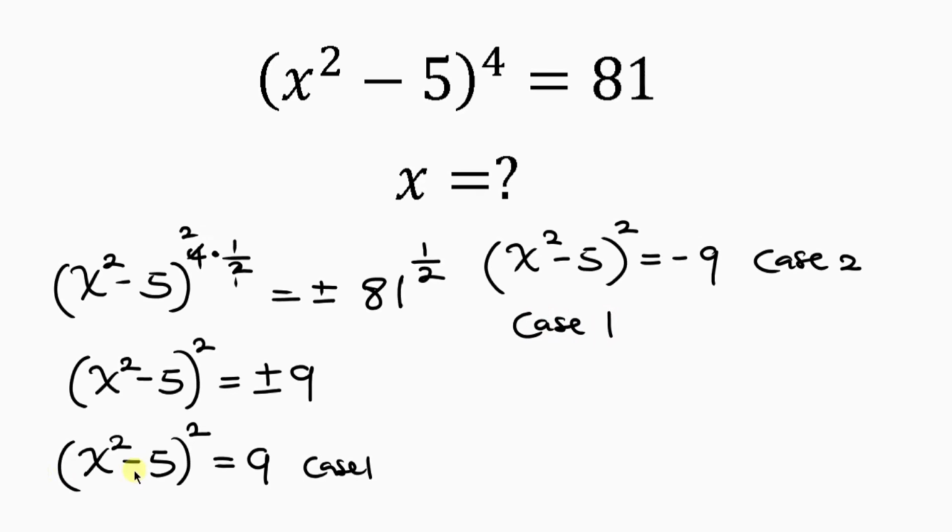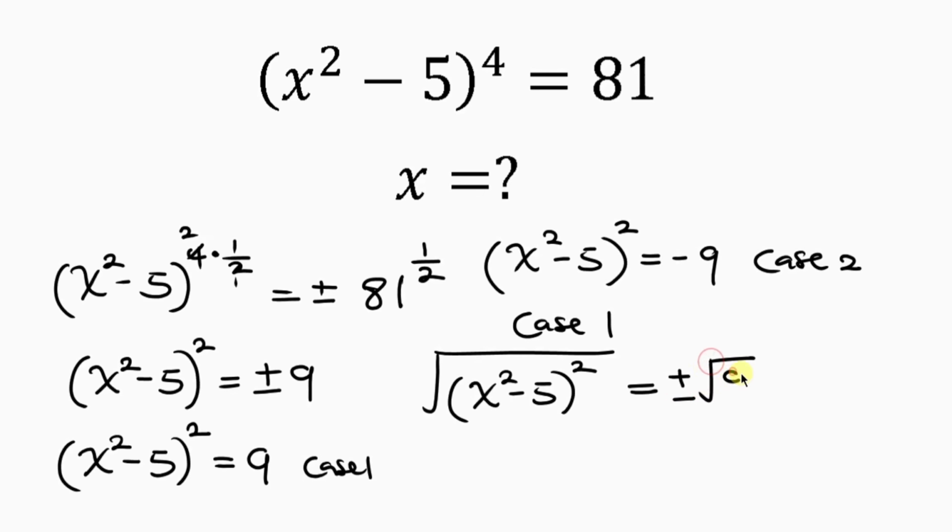So from case 1, in order for us to get rid of this square, we take the square root of both sides. So this is (x² − 5)². So we take the square root of the left hand side. This is equal to, now taking the square root of the right means putting plus or minus the square root of 9.